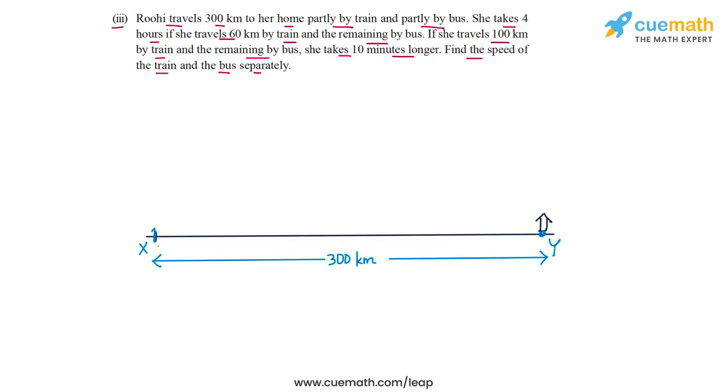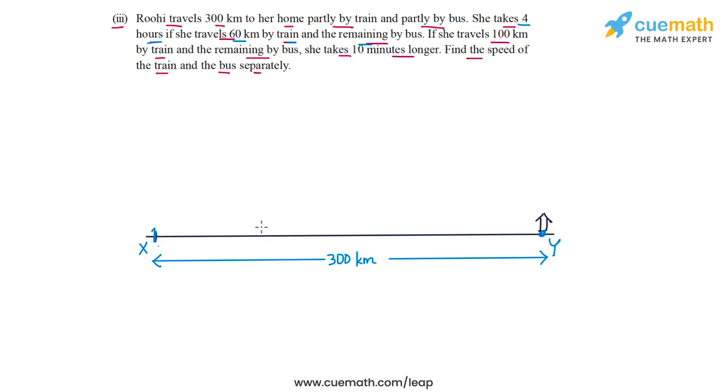300 kilometers away. Now the problem statement says she takes 4 hours if she travels 60 kilometers by train and the remaining by bus.